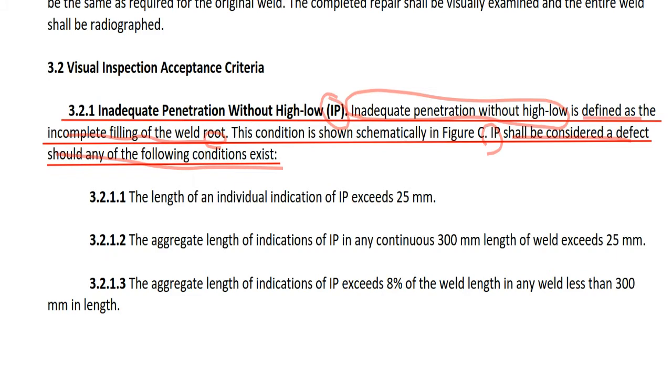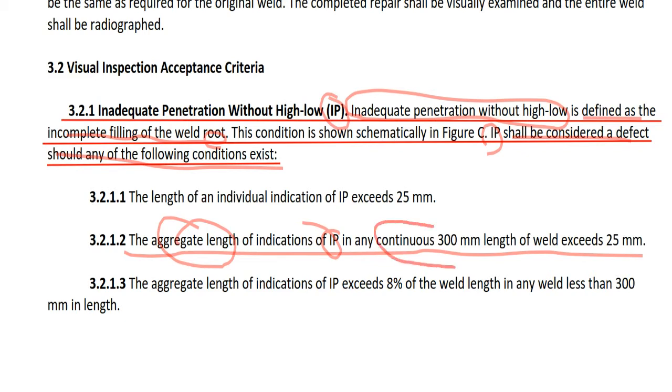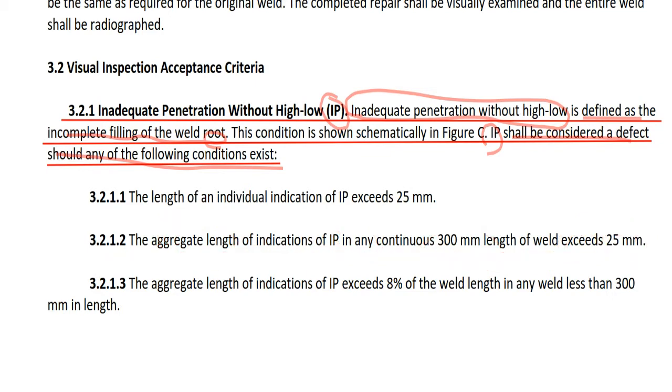3.2.1.2 Condition number 2. The aggregate length of indication of IP in any continuous 300 mm length of weld exceeds 25 mm. So aggregate length of IP in 300 continuous weld exceeds again 25 mm. This is reject. Exceeds 25 mm aggregate length also reject. 3.2.1.3 Condition number 3.